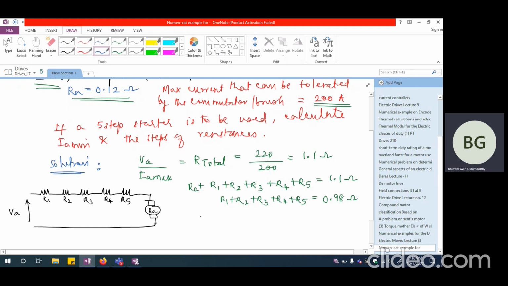Okay. Now, originally we wrote IA max divided by IA minimum whole power N. Here N is 5. So how many steps of resistances I have, that goes as the power. Okay. So that is equal to whatever is my R total divided by RA.